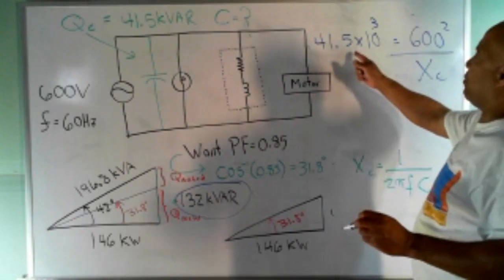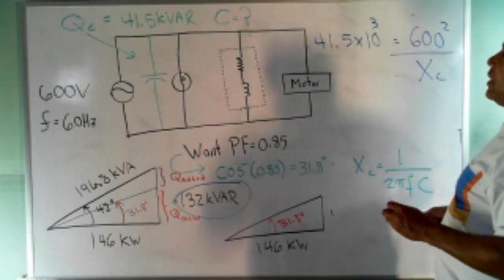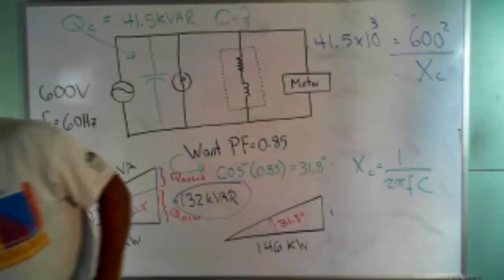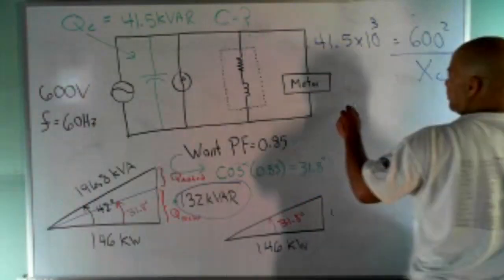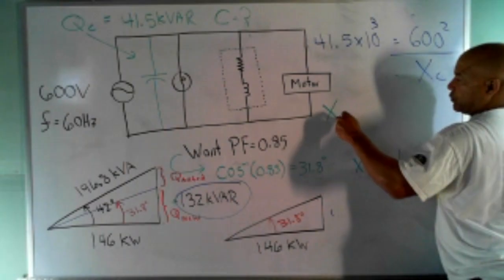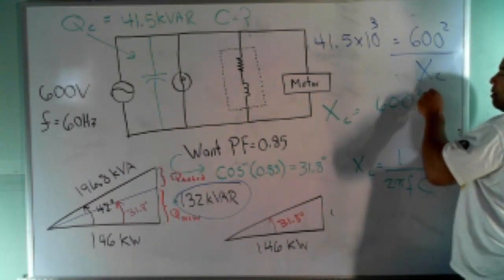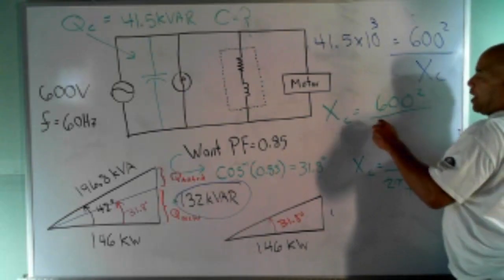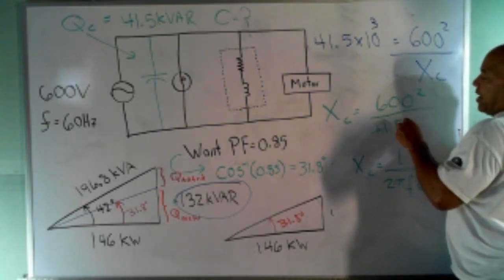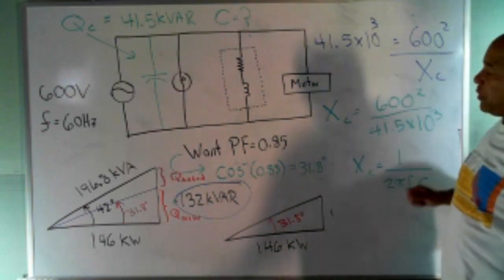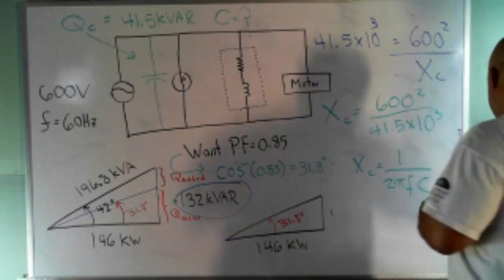I didn't know what that was going to be if I left it in k. So let's solve this now. XC is going to equal 600 squared divided by 41.5 times 10 to the third. I'm leaving the units off, but you guys should write them.